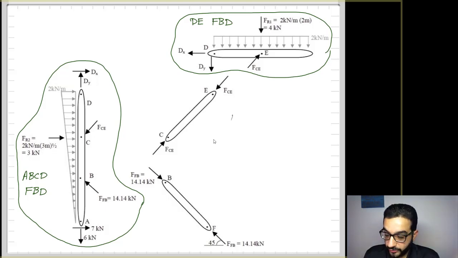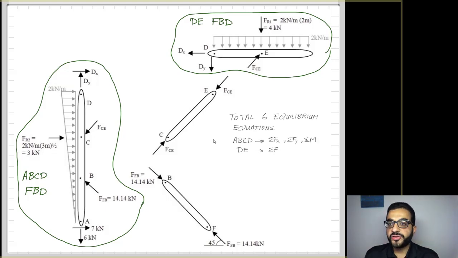So here I have 2 free body diagrams, which means I have 6 equilibrium equations. Every free body diagram gives me back 3 equations: sum of forces in X, sum of forces in Y, and sum of moments. So I have a total of 6 equations here. How many unknowns do I have?